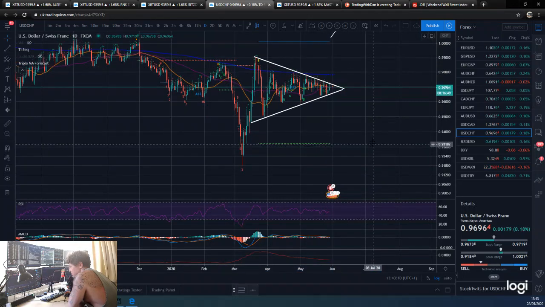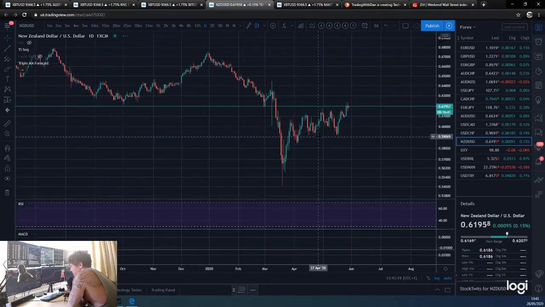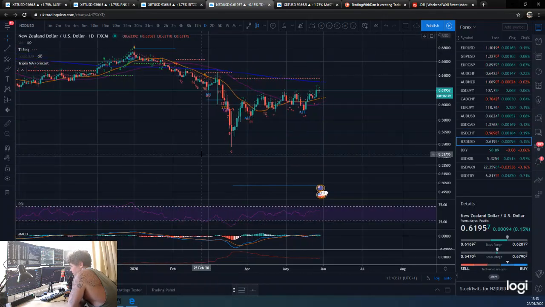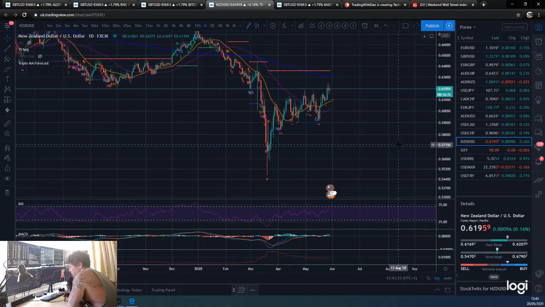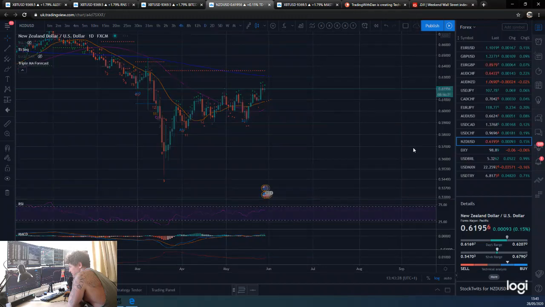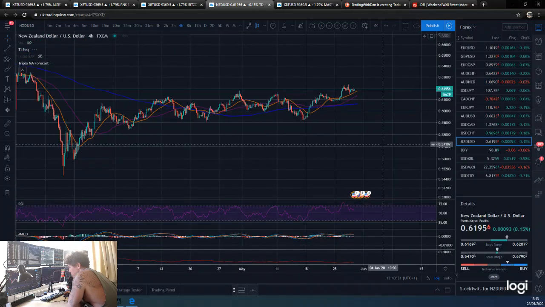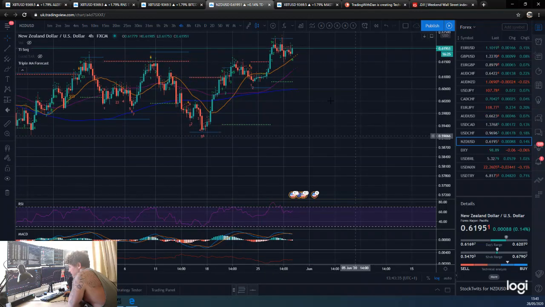Euro dollar, US dollar, USD, Swiss franc, yeah. We'll get rid of this one as well. So we're just waiting for a move out of here. That's it. New Zealand dollar, US dollar. This is basically one of those that looks like the stock market trades. So we're on an 8, like the stock market, nearly on a 9. 4 hour, I'm guessing, won't be showing us too much. No, we had the 9 here.